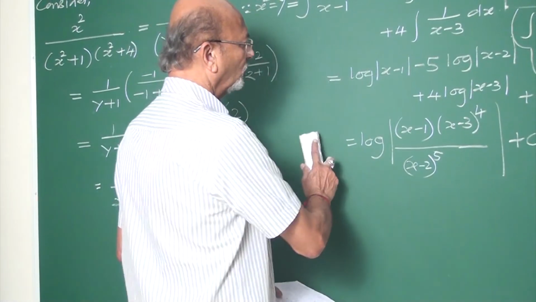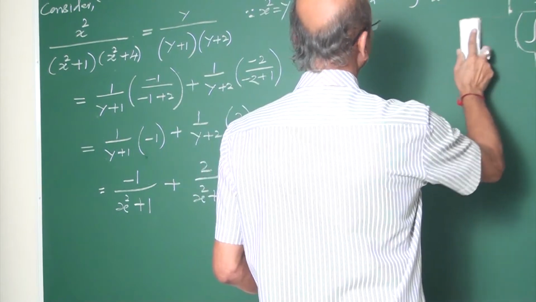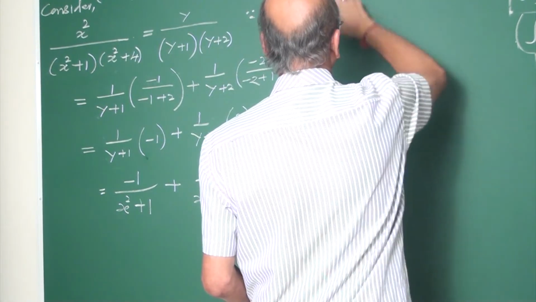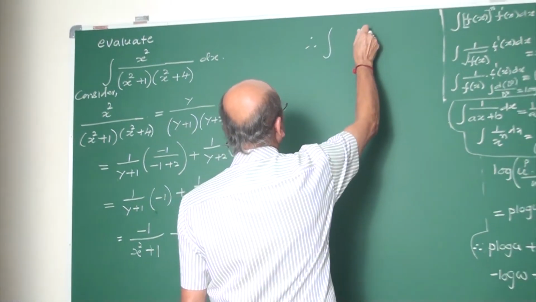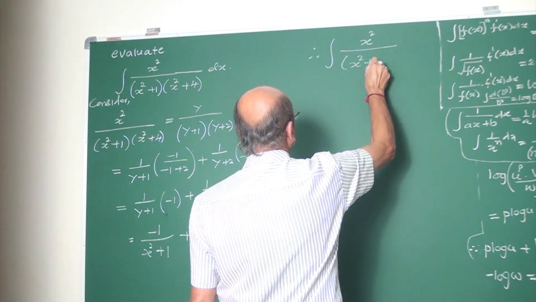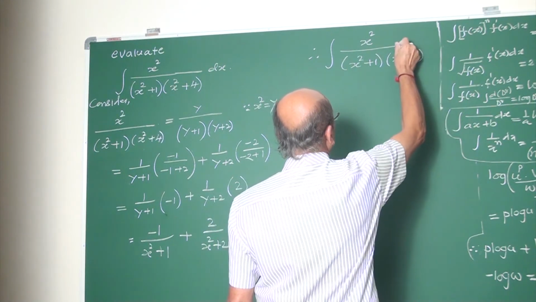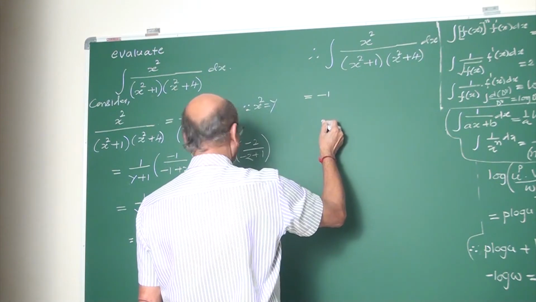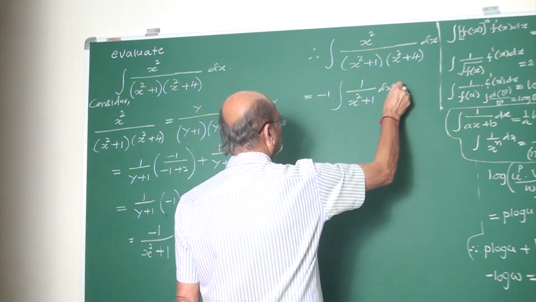Therefore, the integral of x square upon x square plus 1 into x square plus 4 dx equals minus 1 is out, integral of 1 upon x square plus 1 dx plus 2 is out.